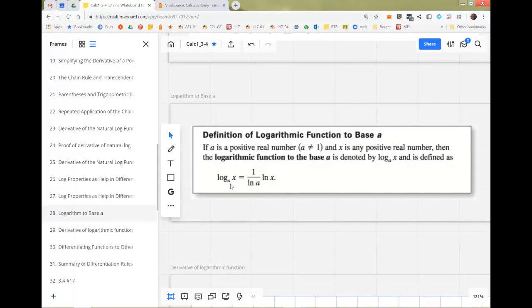I almost wish they'd written this a little differently. They could have said the natural log of x over the natural log of a. That's really what this says. So that's not a derivative. That's just a statement about logs. Okay, so that comes in handy.